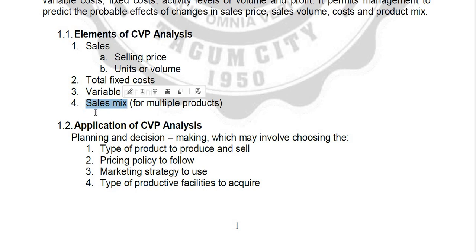So, for example, if that's 1:4, meaning for every 5 products na benta ng company, ibig sabihin nun, product A is 1, and 4 yung sa product B. So, that's 1:4. So if you are going to translate that into ratio, then that is for A, that's 1/5, and then 4/5 for your B product. So that is sales mix na yung what's the combination of the products that you are selling, whenever you sell them.